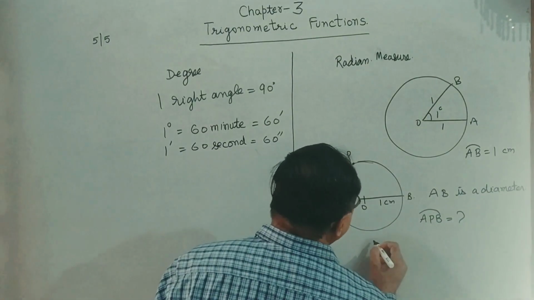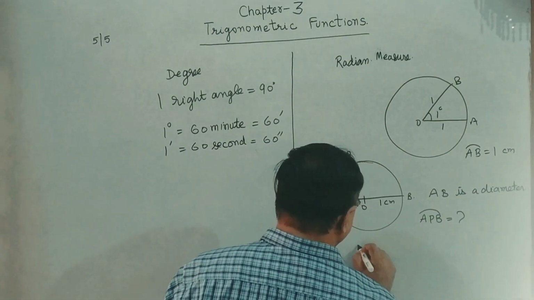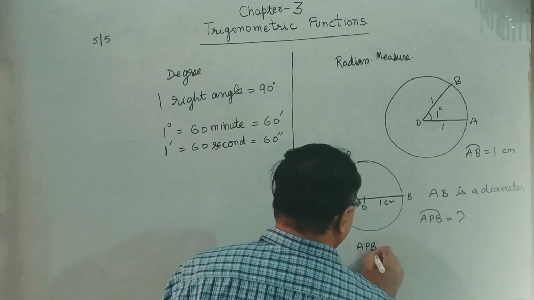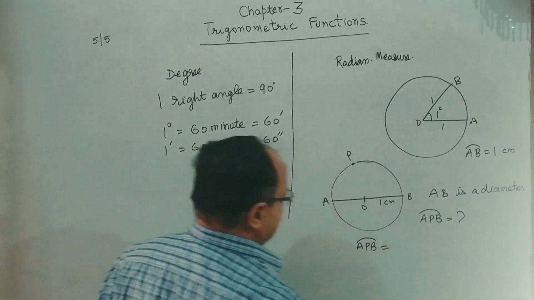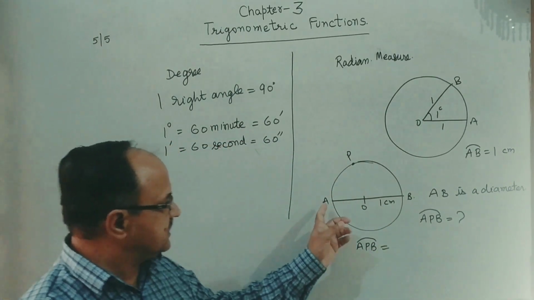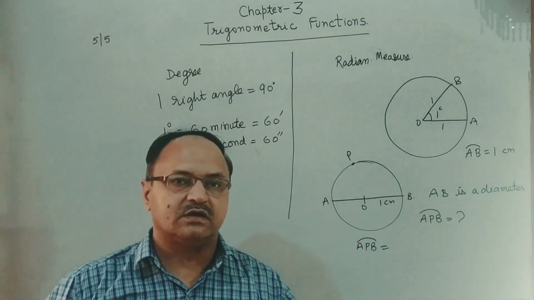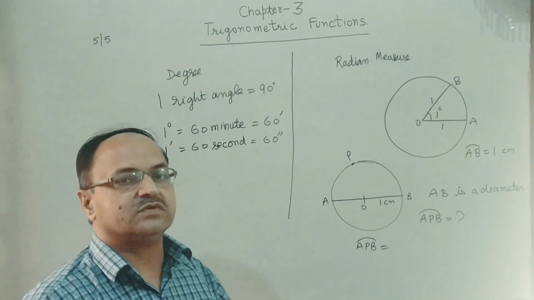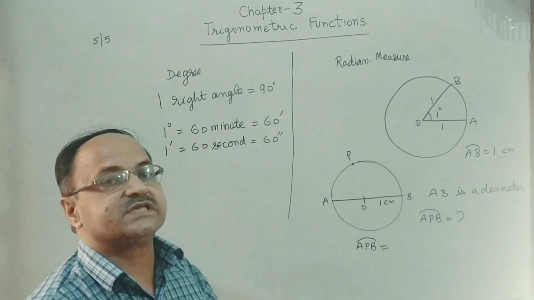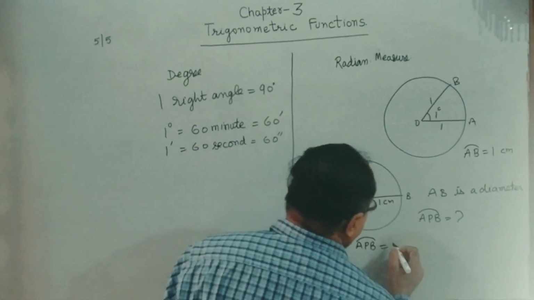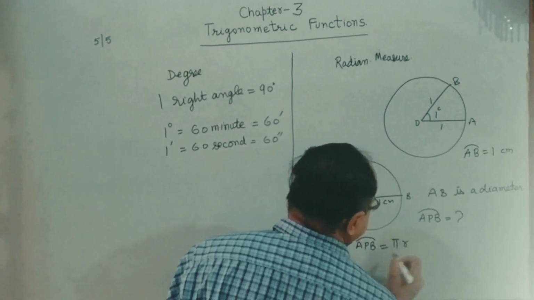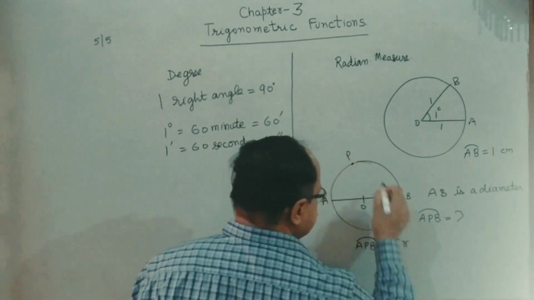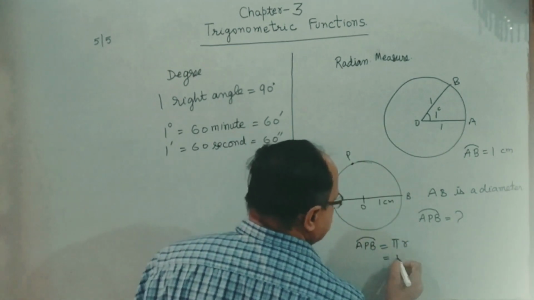And you know that this arc APB is called a semicircle. The circumference of a semicircle, you know, is pi r. But this is a unit circle, it means radius 1.